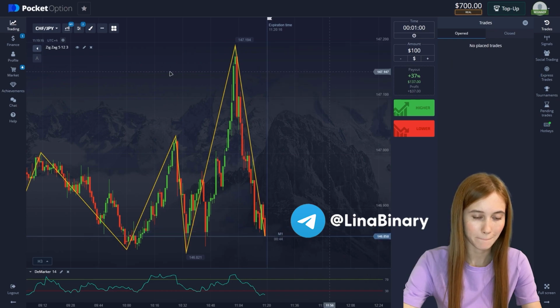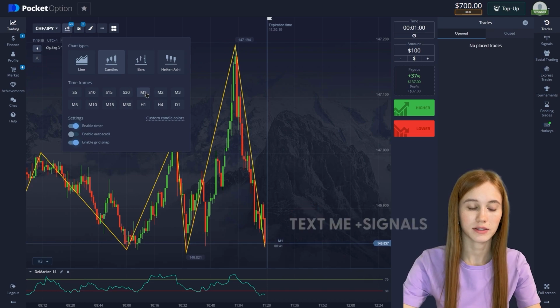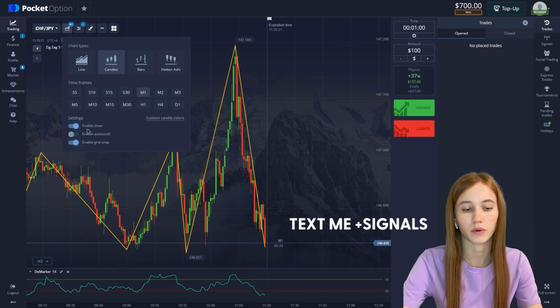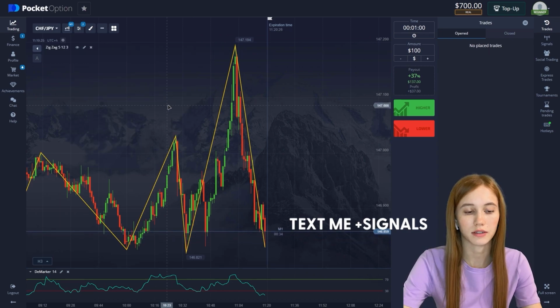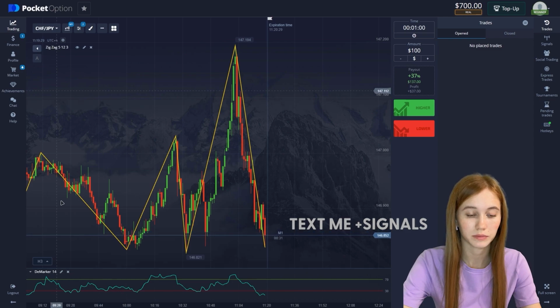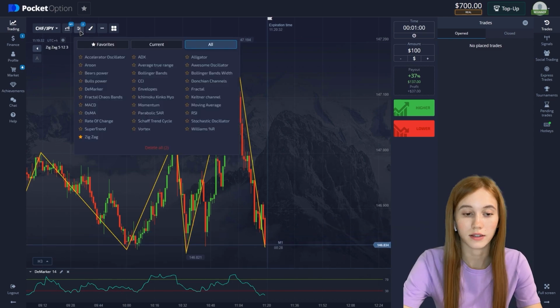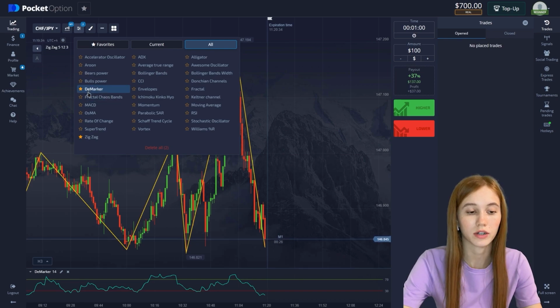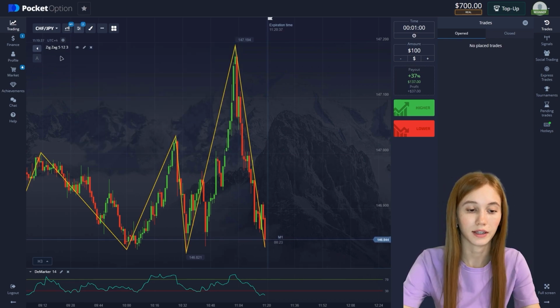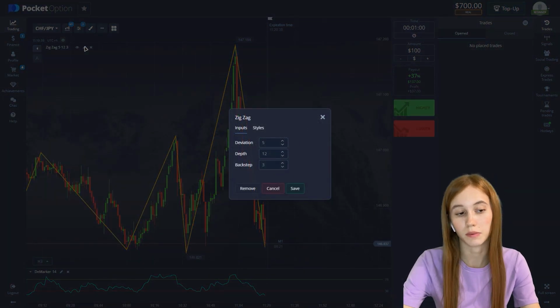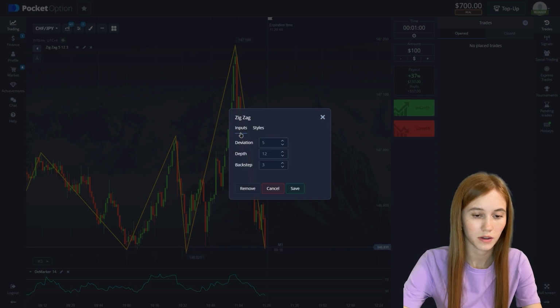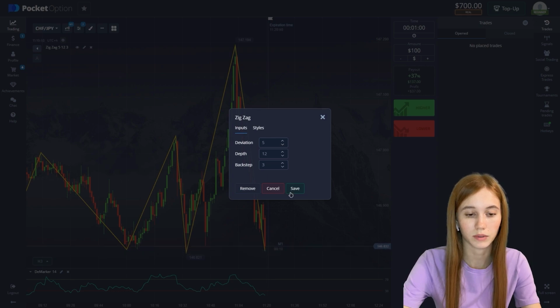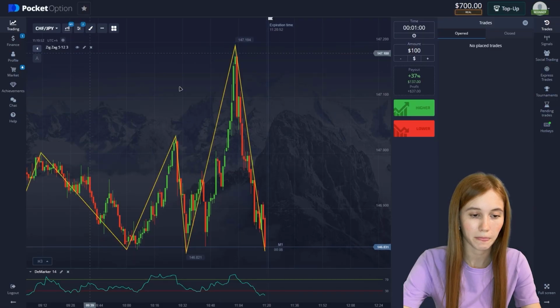So let me show you the zigzag settings, here they are for anyone who needs to copy them. In general, this indicator operates on a simple principle. It highlights the highest and lowest points of the chart, and it directly connects them with lines, ignoring small fluctuations like these.